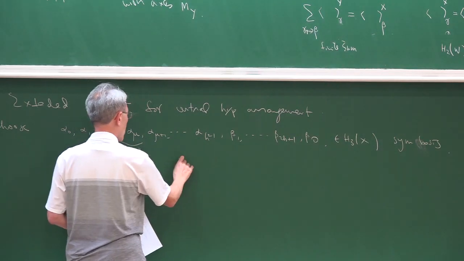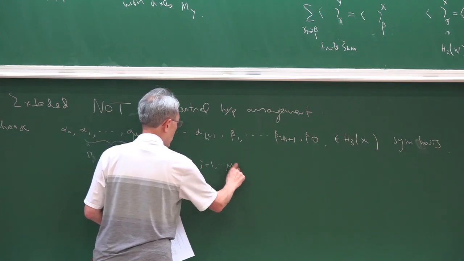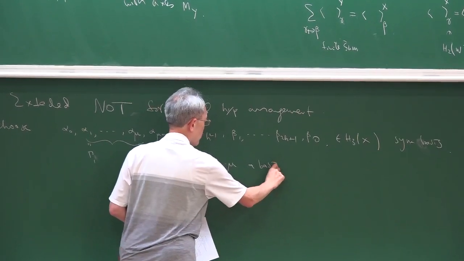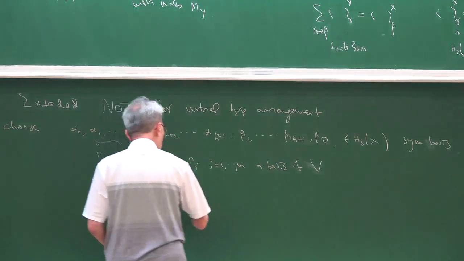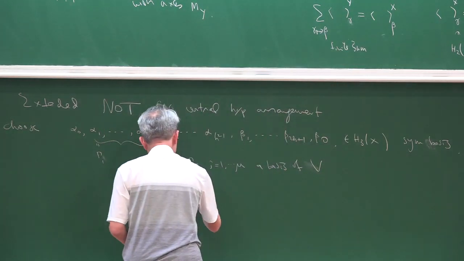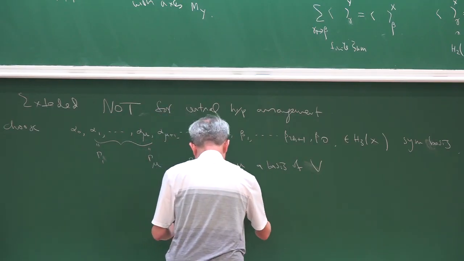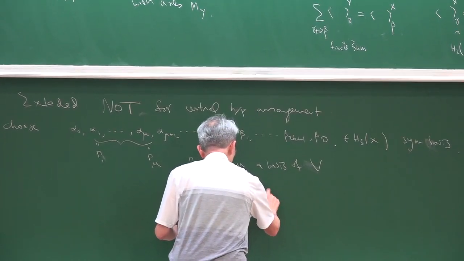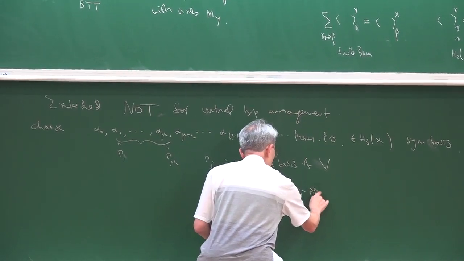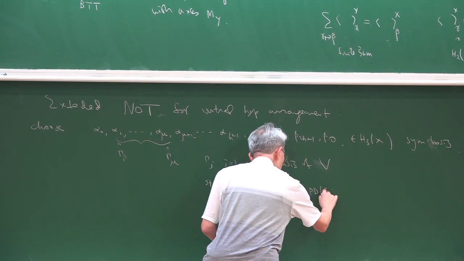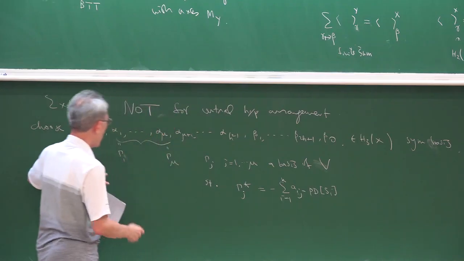So here, gamma j from 1 to mu is a basis of V, of the Lagrangian cycle space, and with a property such that the dual basis is given by minus aij, and Poincare dual of Si. And okay, so I have this basis.